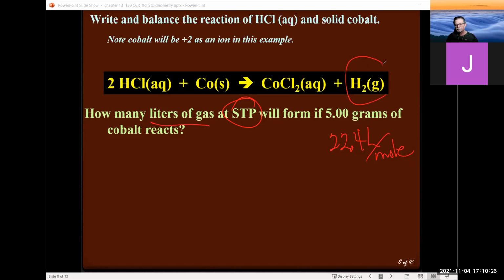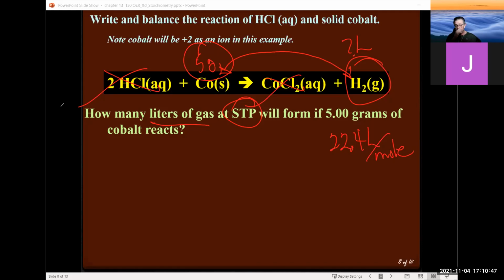Obviously, the only gas we got here is hydrogen gas. So we want to know how many liters will form if 5 grams of cobalt reacted. So our interest is only between the cobalt and the hydrogen gas. We don't care about the other species.